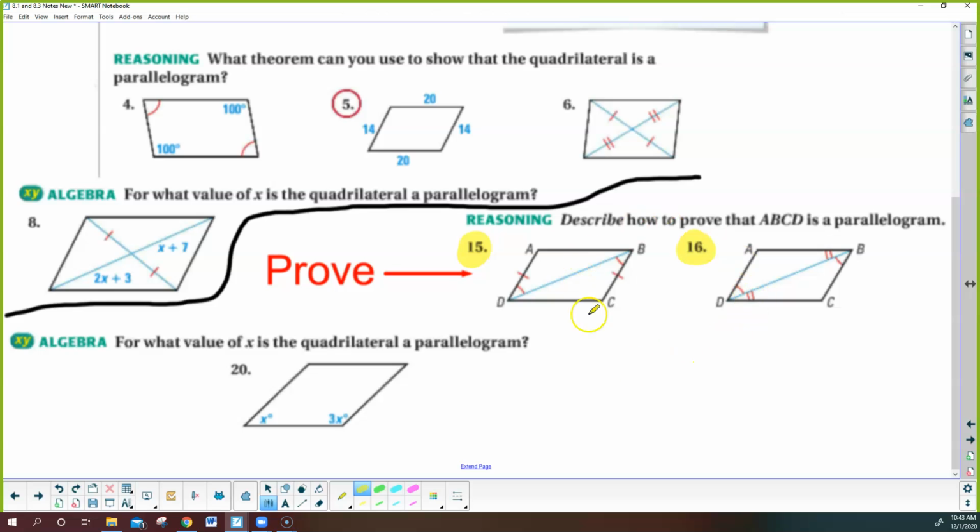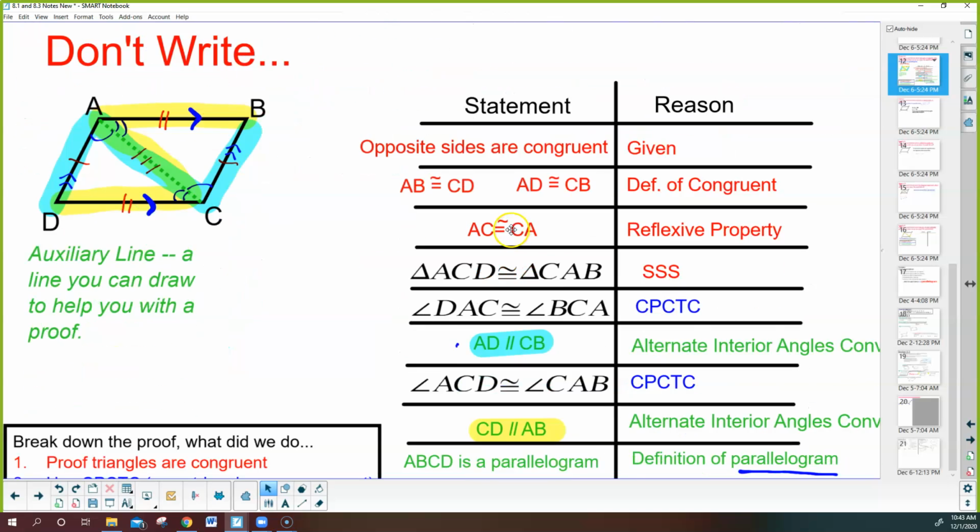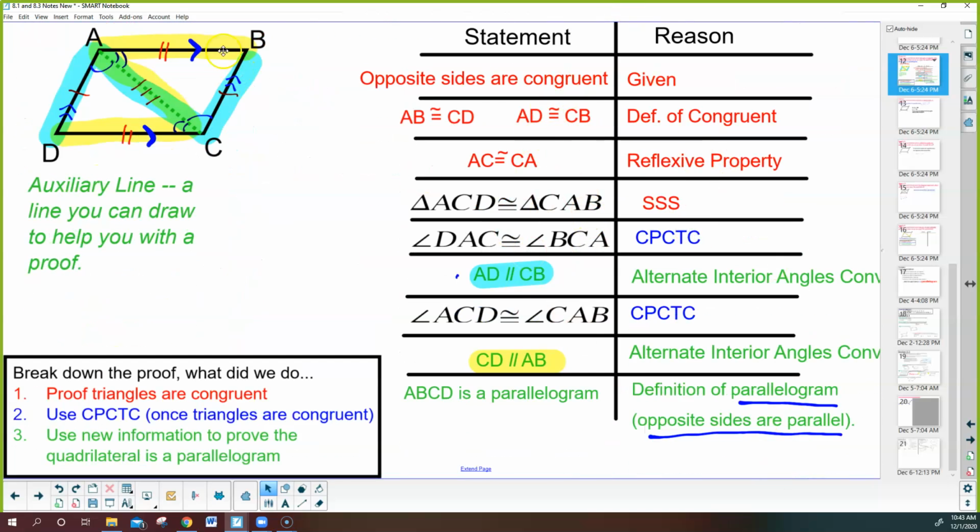We're just using the properties today, and we only have two proofs. These have to be written out, and you need to make sure you add your picture. Your proof should look like this. It might not be as long, but you should have the picture, it should be marked up, and you should have statements and reasons and a full conclusion.